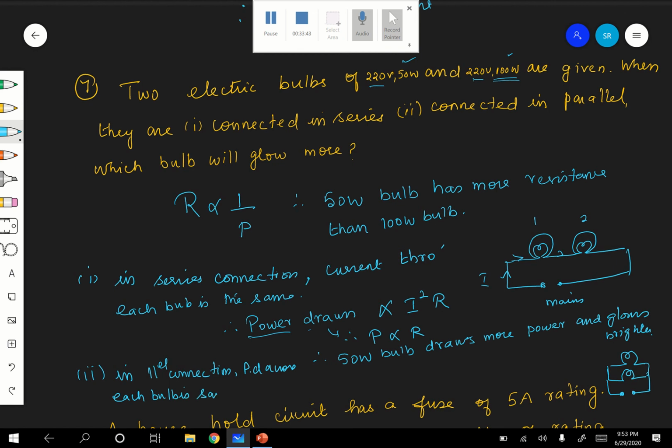Therefore, which formula do you have to take here? In the previous case, I is the same; here V is the same. Therefore, the formula also you have to take accordingly.